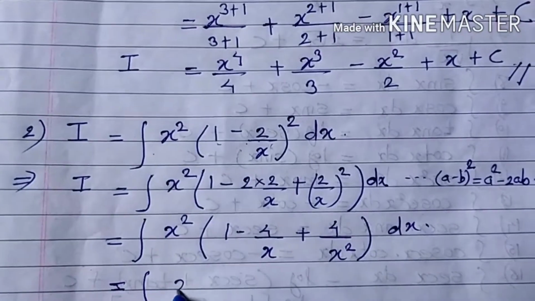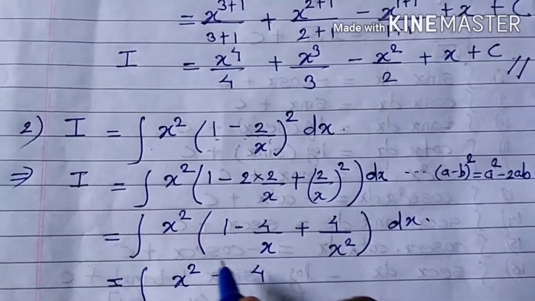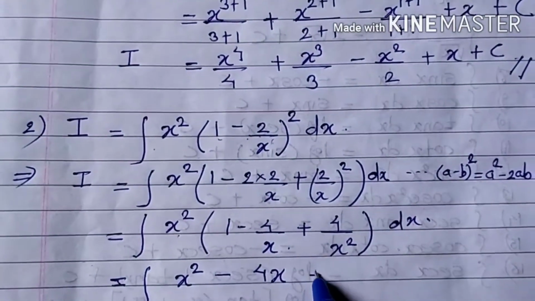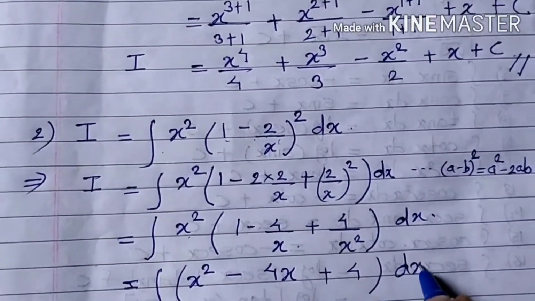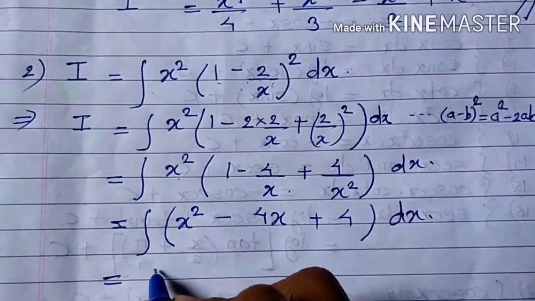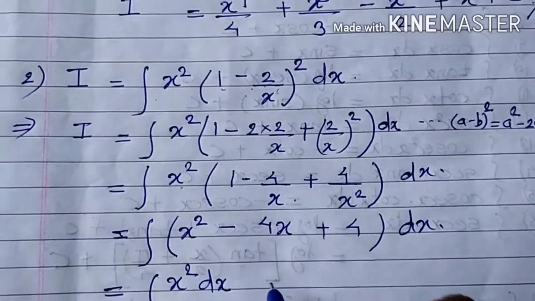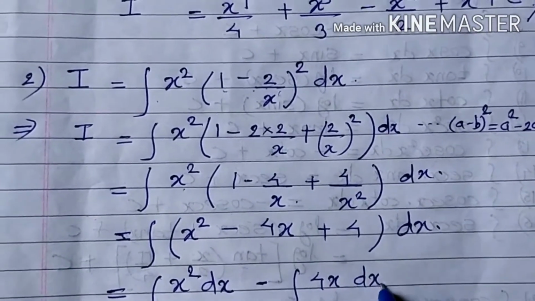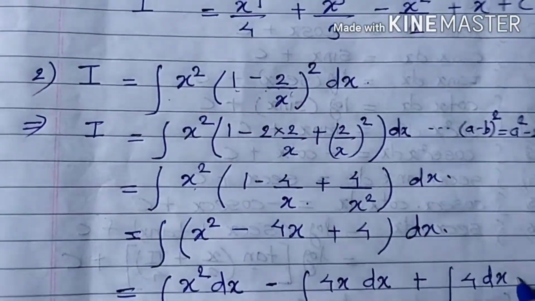So we get like that, x squared minus 4x, into this multiply, here remaining x, and here remaining only 4, into dx. Okay. Now separate the integration: integration of x squared dx minus integration of 4x dx plus integration of 4 into dx.